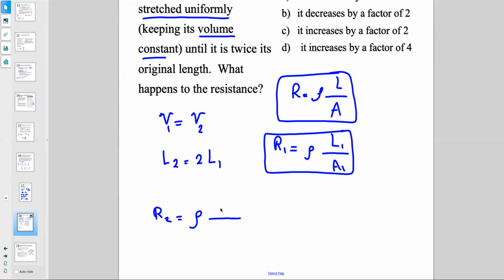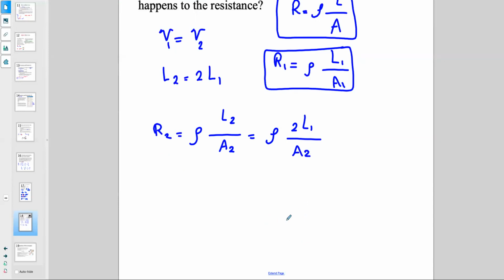Rho L2 over A2, and L2 is 2 L1, so instead of L2, I'm having 2 L1 here, and A2 here. But let's find what A2 is.